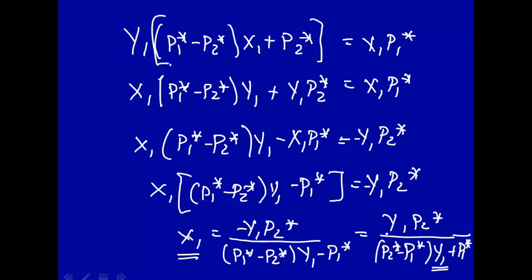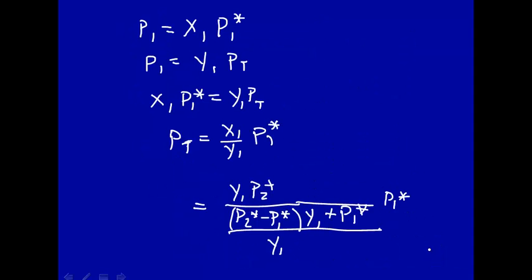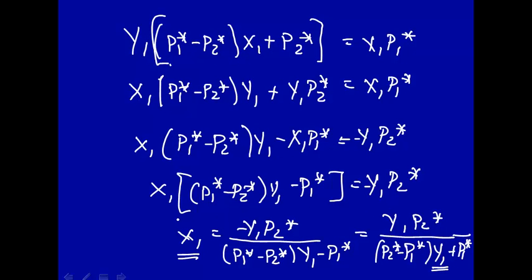Okay, so if we know the mole fractions, well, I guess we didn't do that, did we? So we know the mole fraction in the liquid, and we want to know what the mole fraction is in the vapor. So it'd be nice if we could solve this equation for y1 as a function of x1.